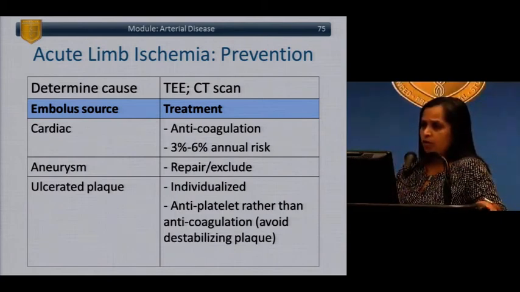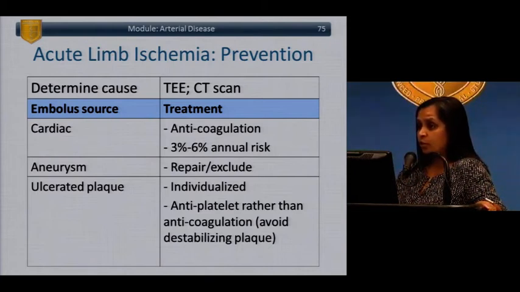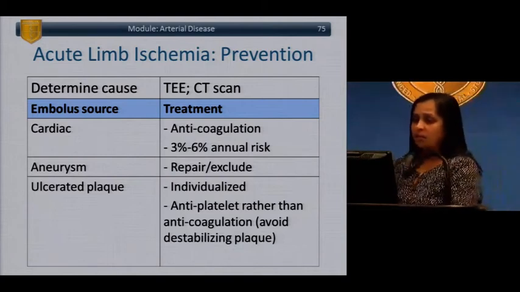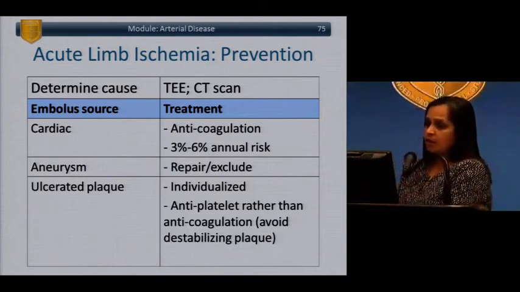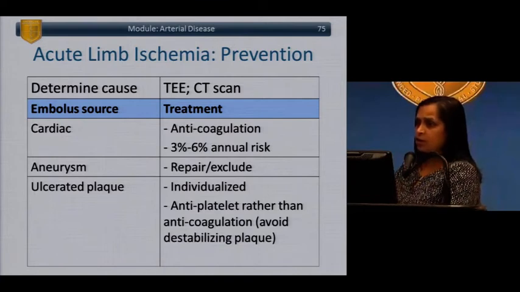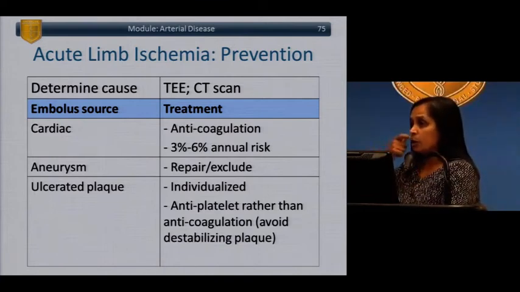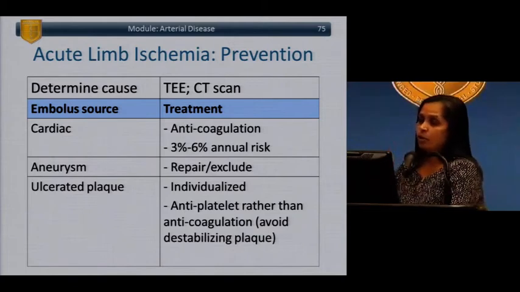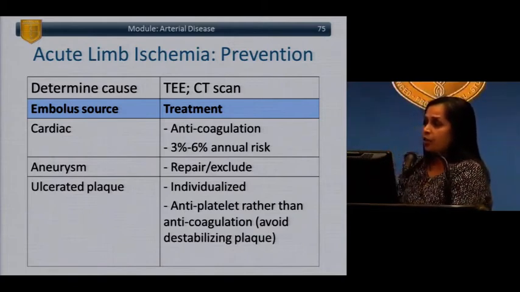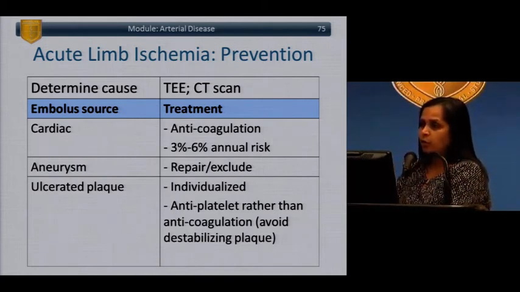So in terms of acute limb ischemia and postoperative management, one of the important things to do is to prevent further episodes of embolization. So once the acute embolus is treated, you want to look for the cause. Most common cause is from the heart, so those patients should get some sort of echocardiography, probably most appropriately TEE, to look for a cardiac cause.